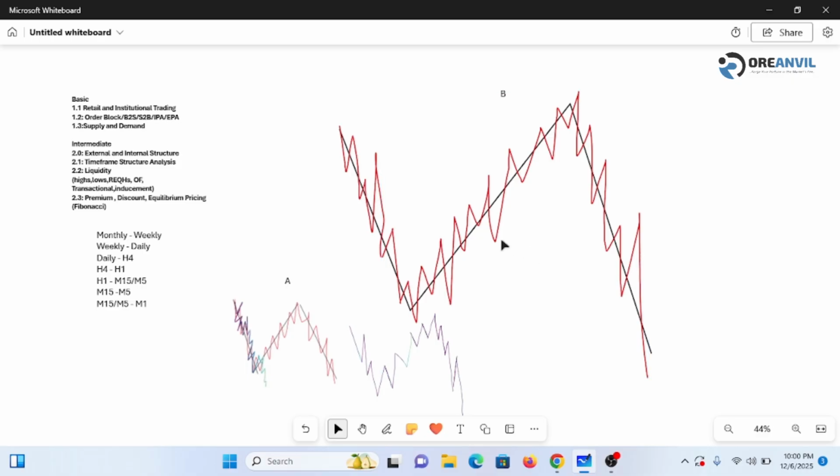A lot of people will want to ignore this transaction here. So if you have something like this, a high, a low, a high, a low, a high, a low, a high, a lot of people will mark it like this: high, low, high, low, high, low, then high.